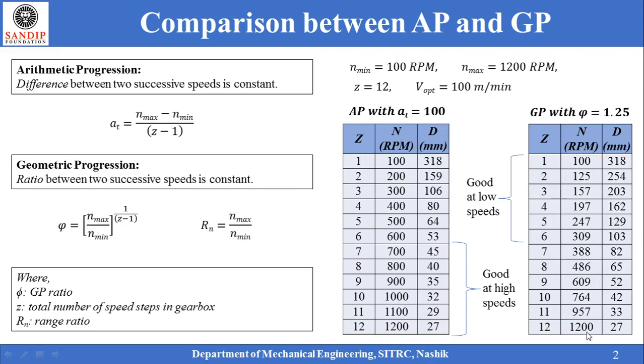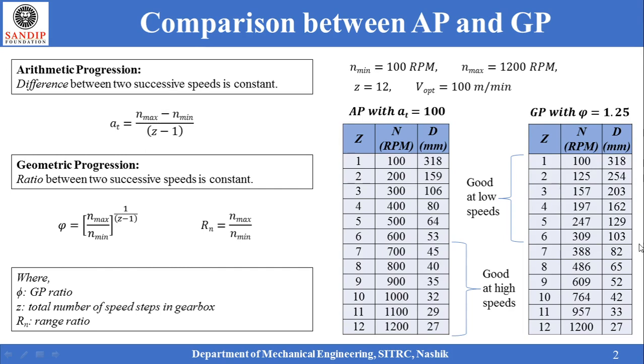If you observe the bottom half of this table, you will realize that the diameters are slightly spaced away as compared to a gearbox designed considering arithmetic progression. Thus we can say that a gearbox using geometric progression as a law of speed regulation will be good at low speed operations or higher diameters.